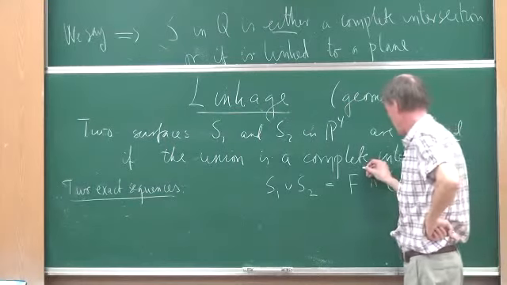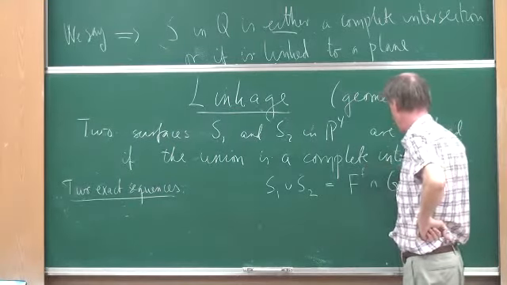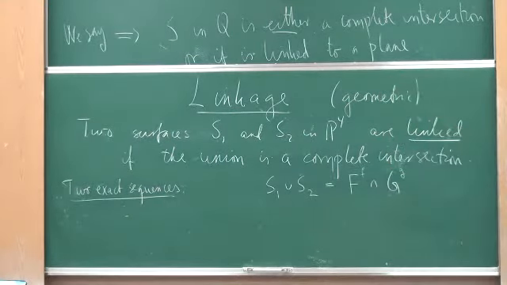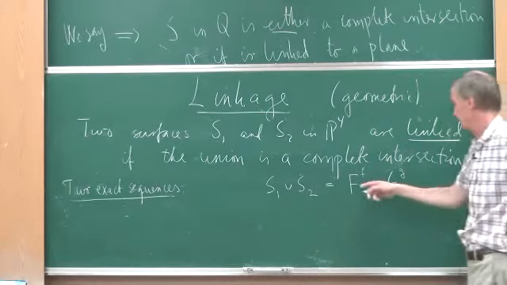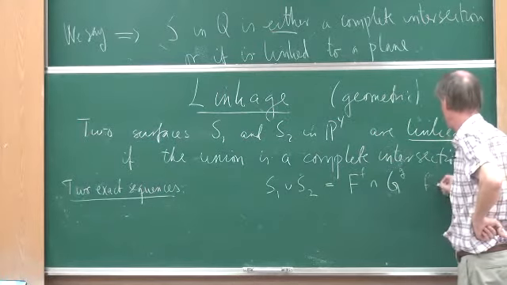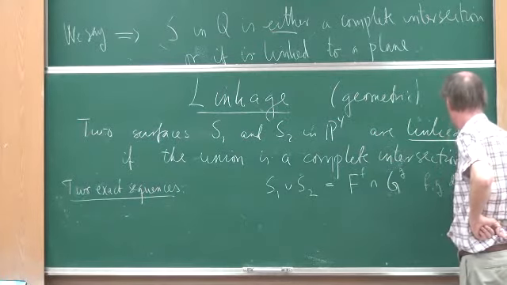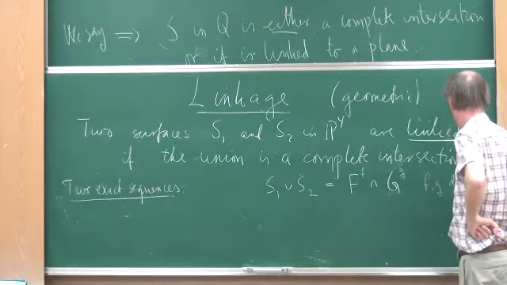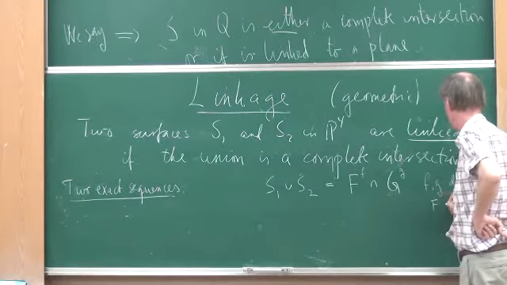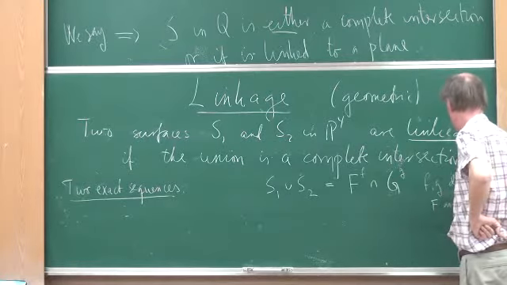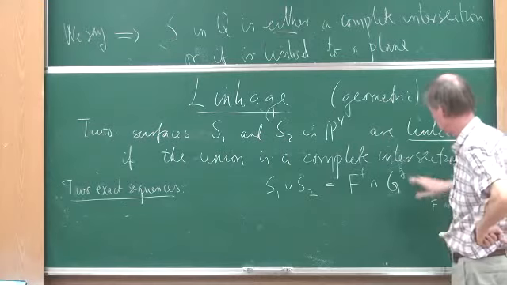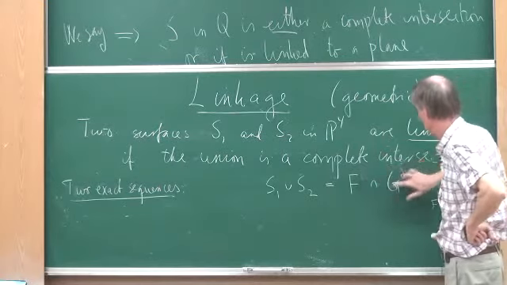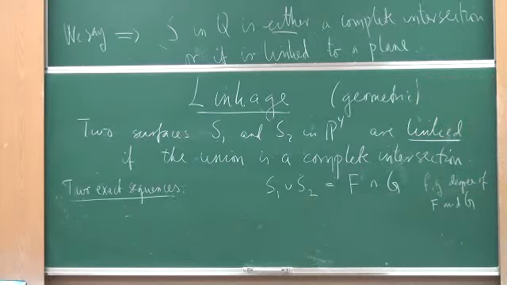And for me now, little f and little g are the degrees of big F and big G. Maybe I erase it there so it doesn't get too confusing, but f and g are the degrees of these two.